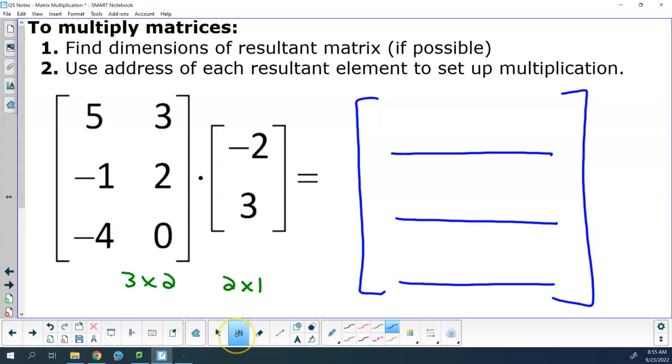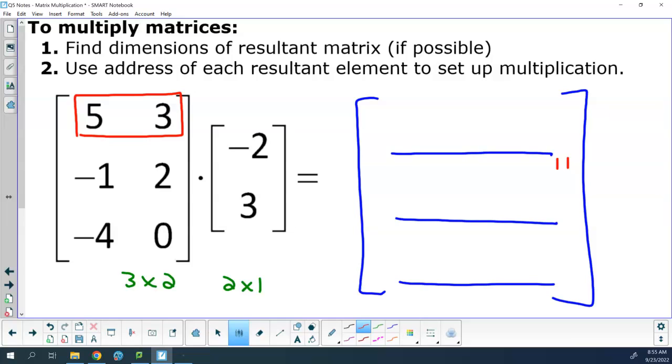Okay? Now, remember the rule, rows by column. I'm going to take this row right there, my first row, because the address of this one is row 1, column 1.